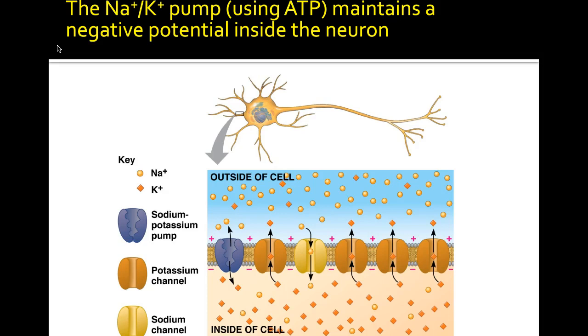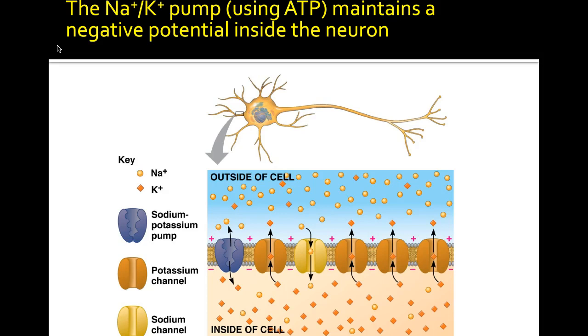This is an ion channel that allows the potassium ion to move with the concentration gradient. Within the cell, typically there's a high potassium concentration. Outside the cell, there's a pretty low potassium concentration.